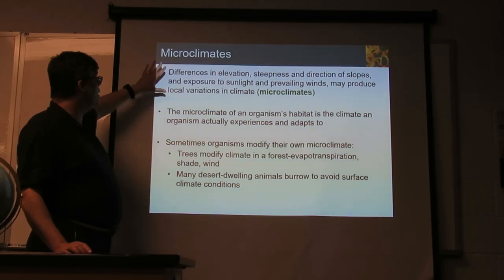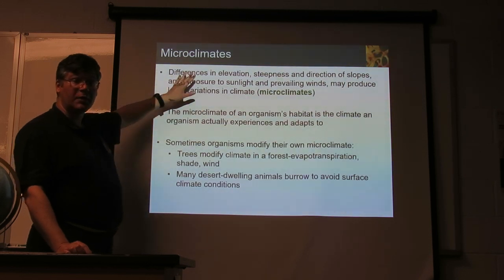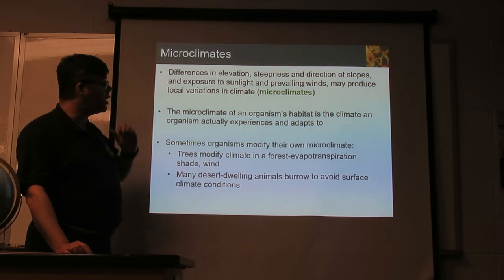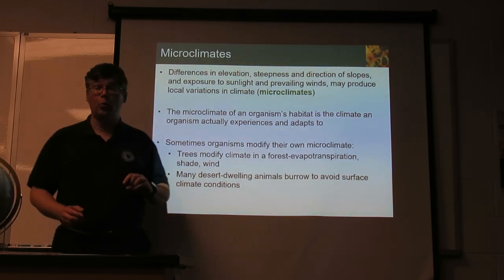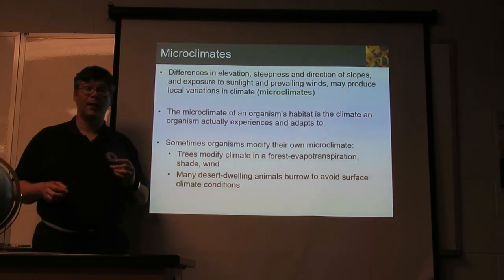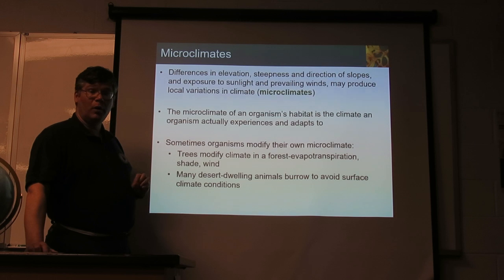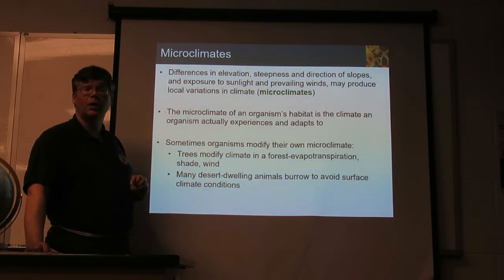These will provide very small scale variation in the climate, the typical temperature, humidity, amount of sunshine, all these types of things. And so what a particular thing is experiencing is not necessarily what the weatherman would suggest. It's what's happening right in its local microclimate.